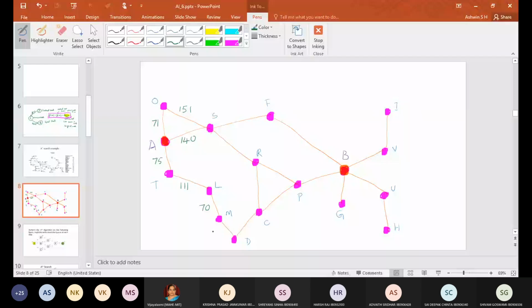This is 75. You can take it down and find the distance, find the route.